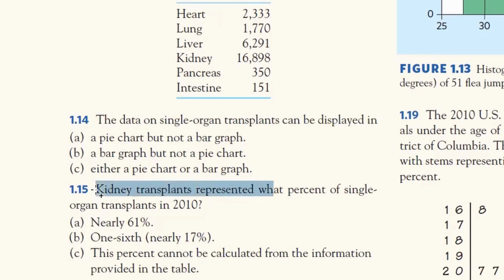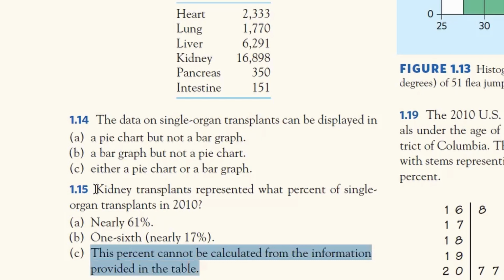Kidney transplants represented what percent of single organ transplants in 2010? Nearly 61%, 1/6, nearly 71%, or this percent cannot be calculated from the information provided in the table. It's kind of what I just said, right?